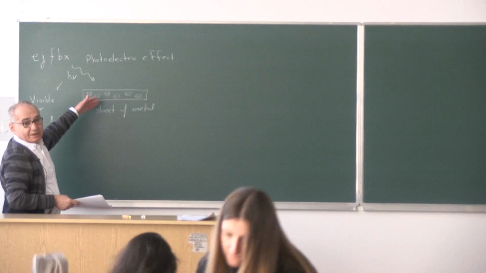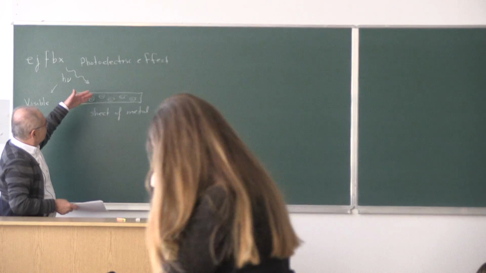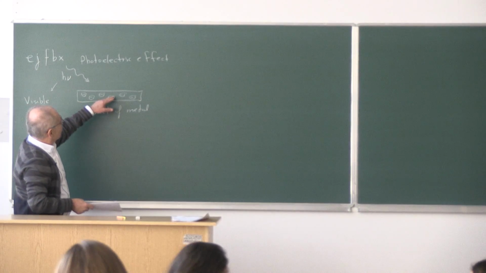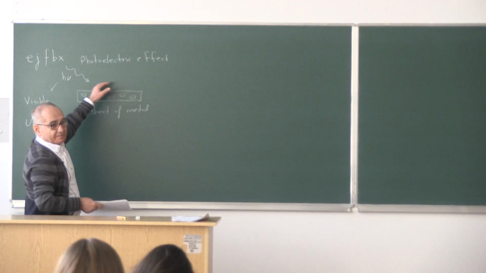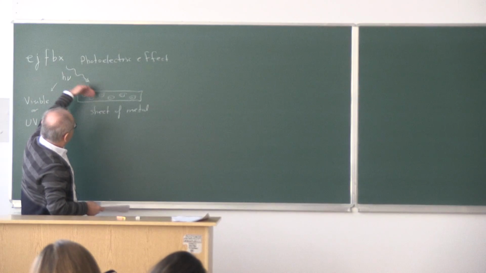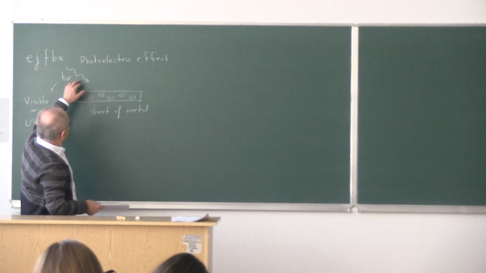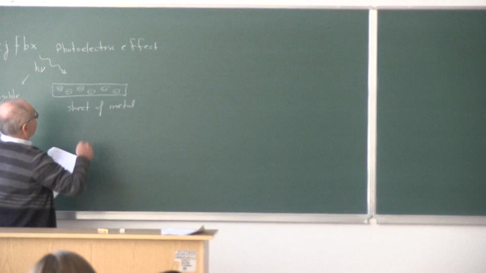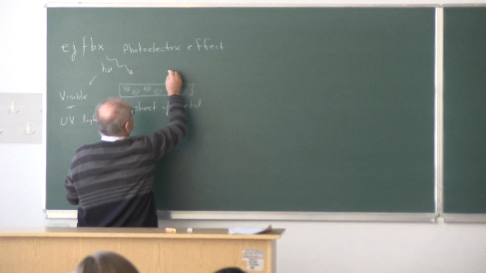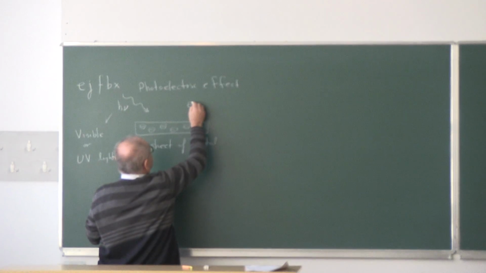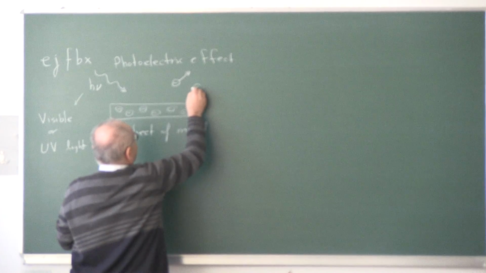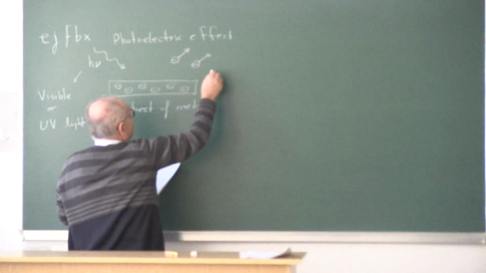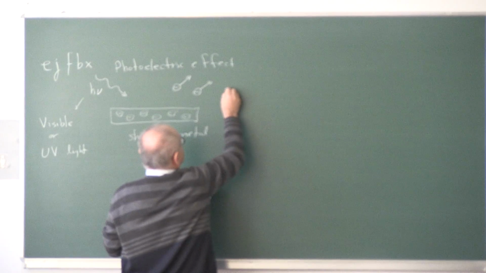It is observed that electrons from the metal can be ejected when the surface is illuminated by light. And let us indicate the ejected electrons.